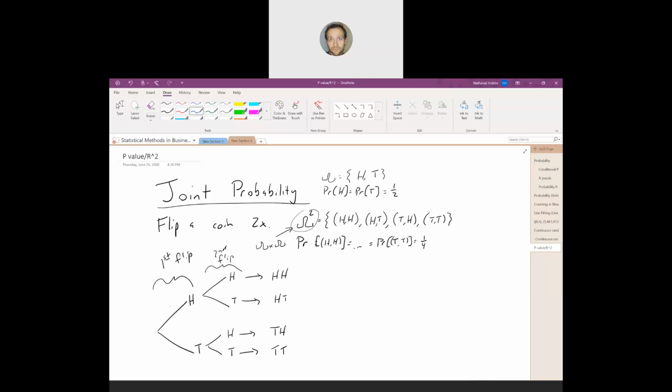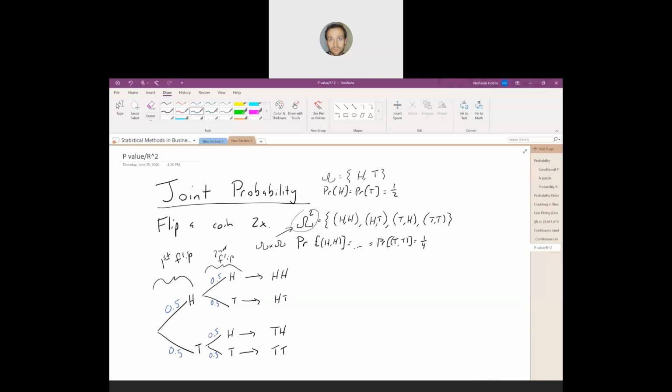And the probabilities here, you have a 50-50 chance of getting heads or tails on the first flip, and then independently on the second flip, you have a 0.5 probability.